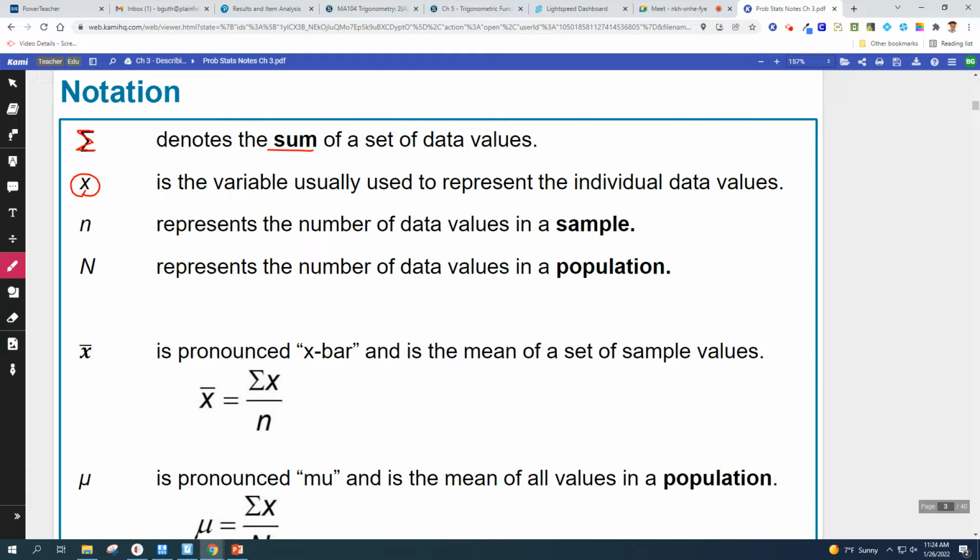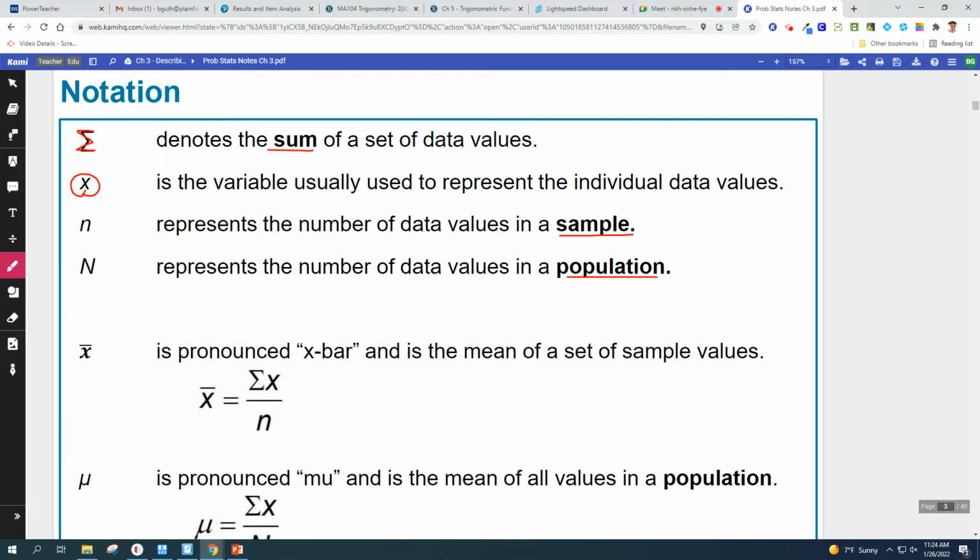Little n represents the number of data values in a sample. Capital N represents the number of data values in a population. So remember in a previous chapter, those were two of our terms, sample and population. Population was like everybody, and then sample was just like those that we selected.